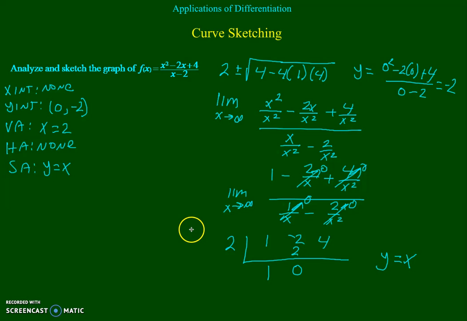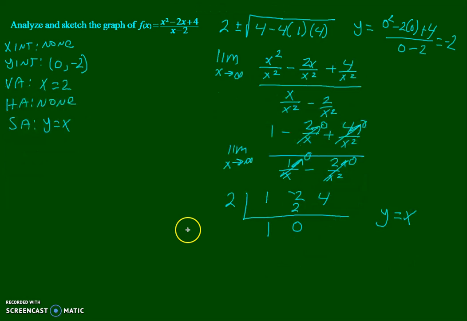All right. So now that we have our asymptotes, we're going to go ahead and look for our extrema. In order to do that, we're going to have to take the first derivative of this function. So let's give ourselves a little space and we're going to do f prime of x. And we're going to use the quotient rule.